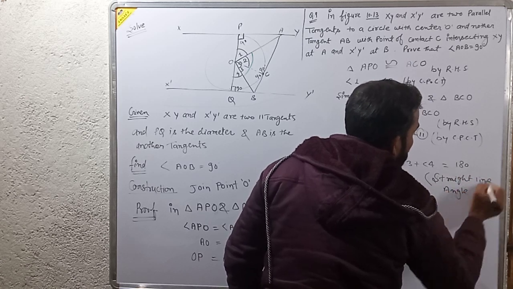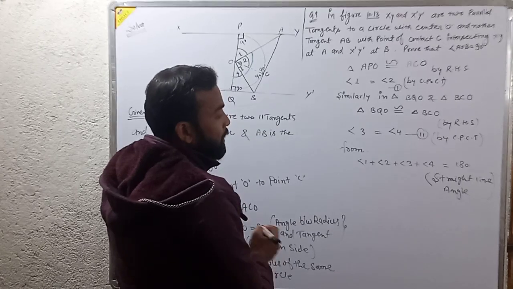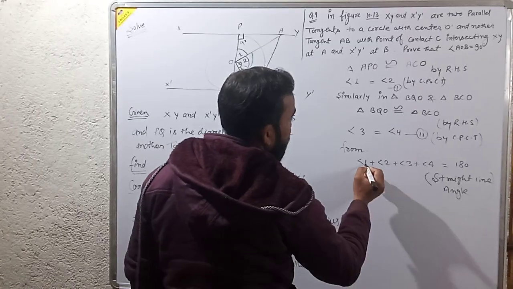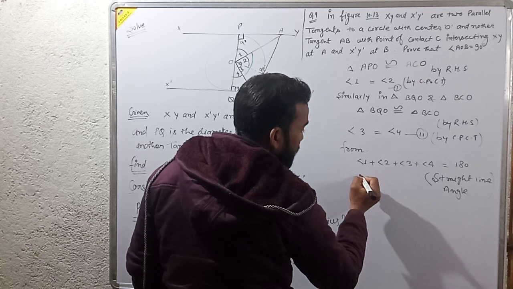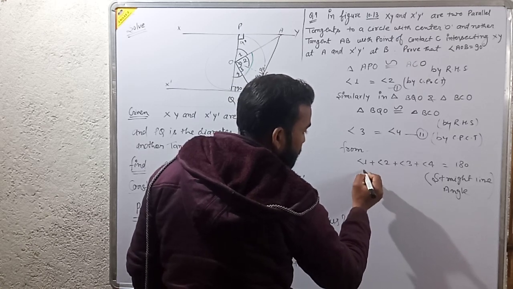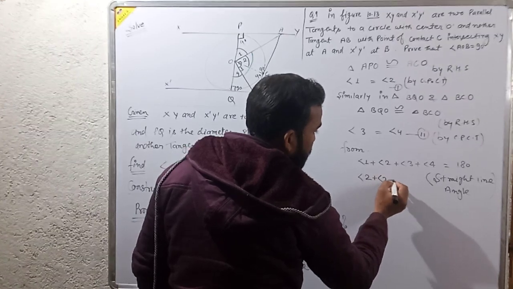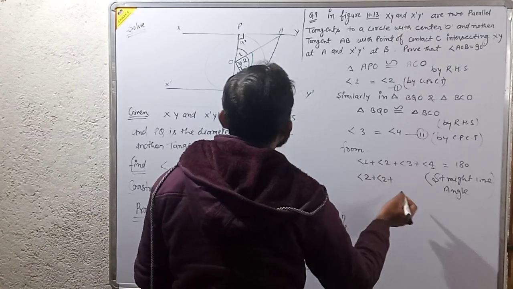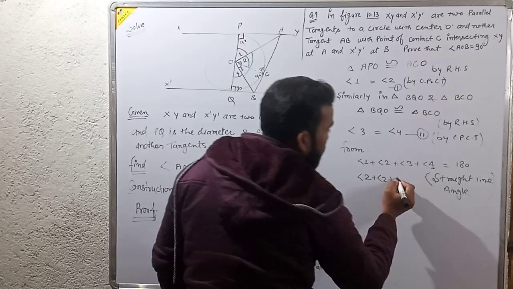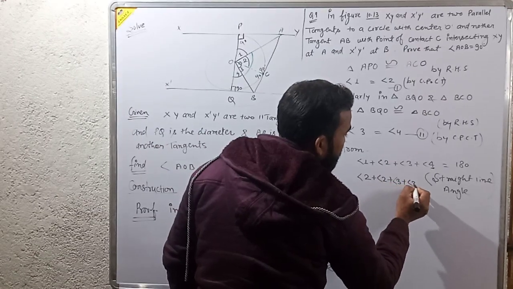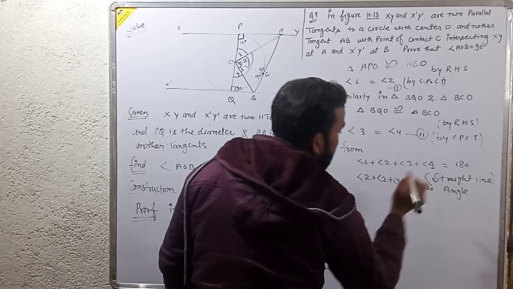Clear? But angle 1 is equal to angle 2, so we put angle 2 in place of angle 1, and angle 4 is also equal to angle 3, so we have angle 2 plus angle 2 plus angle 3 plus angle 3 is equal to 180 degrees.